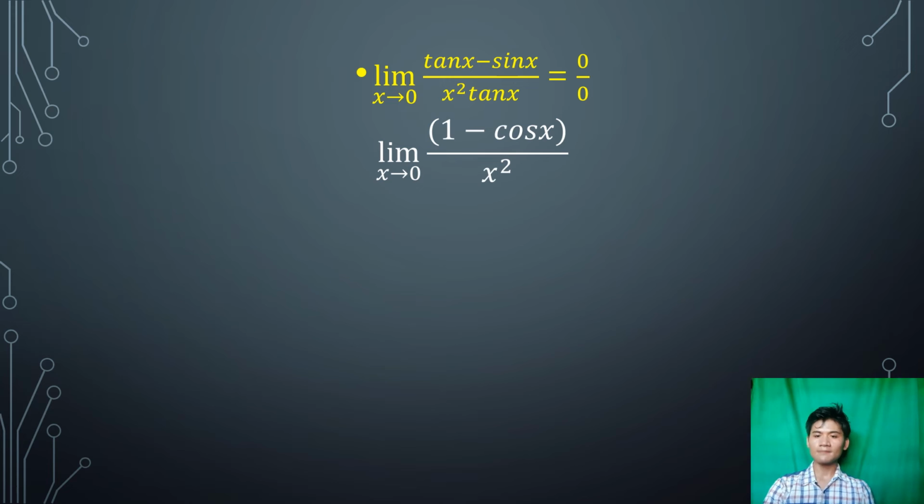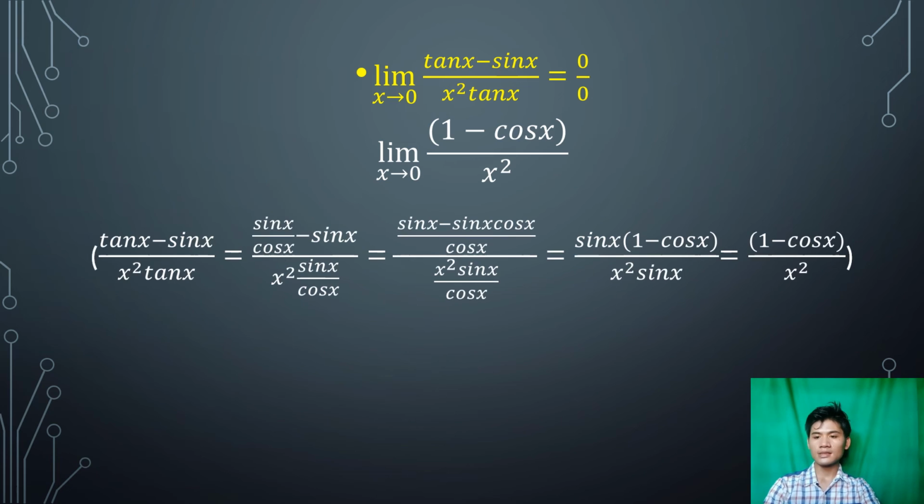And by that, we need to apply the first example we have presented, where we reform it with a little bit of effort, and then we have the limit of 1 minus cosine x all over x squared as x approaches 0. Do not worry, because this is the process of how we got that.